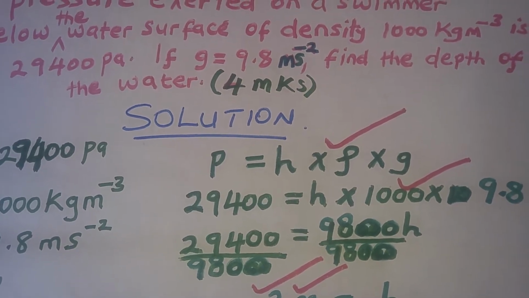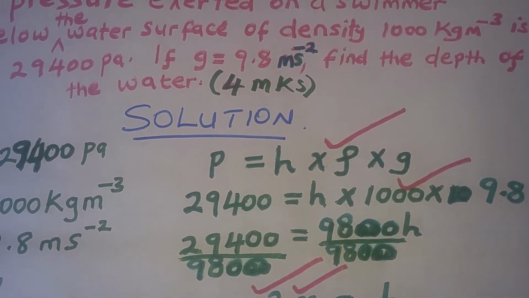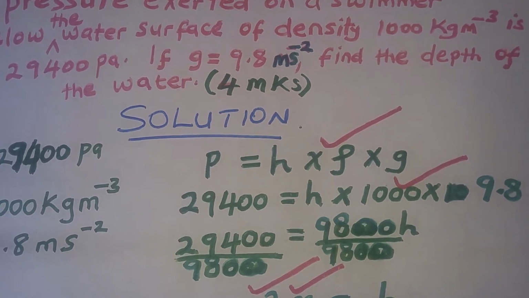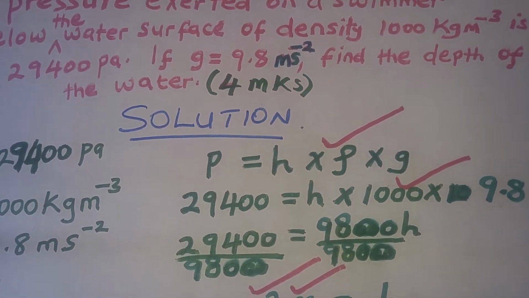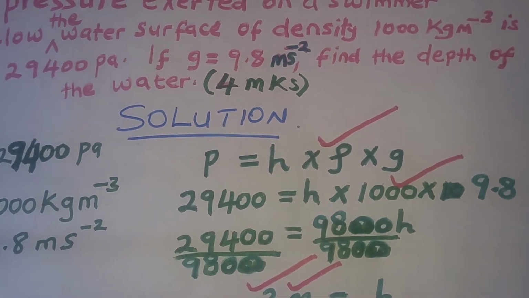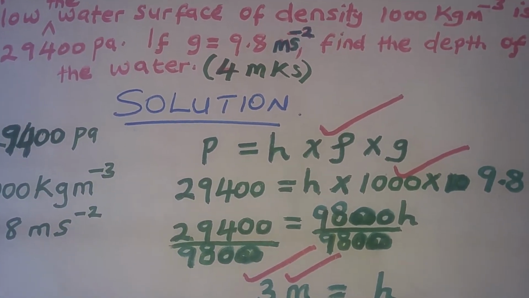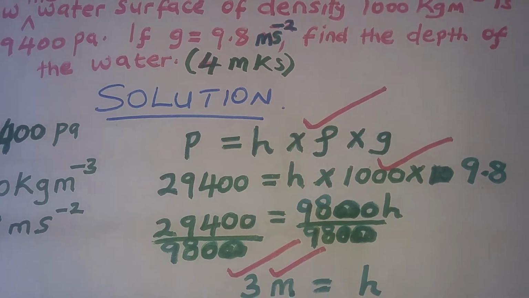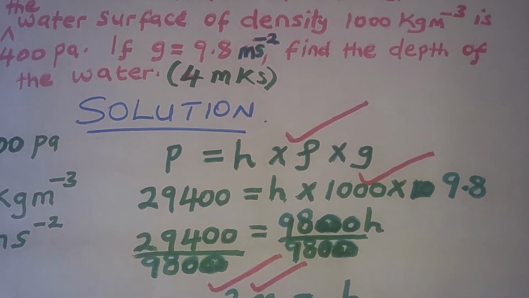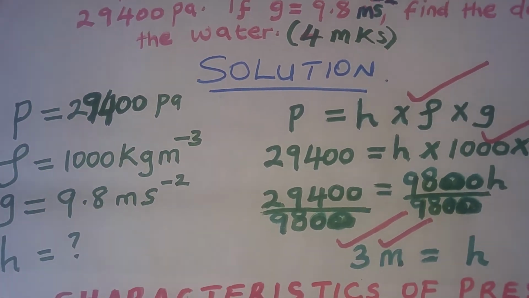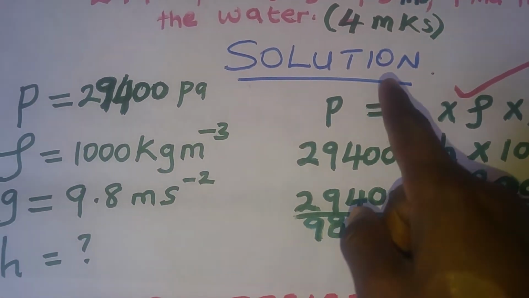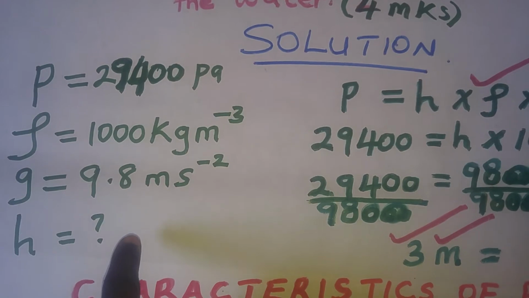If g, which is acceleration due to gravity, is equal to 9.8 meters per second squared, find the depth of the water. Depth means height, and it is the one we are supposed to find here. So our H is under question mark. Under solution, we shall say H is unknown.